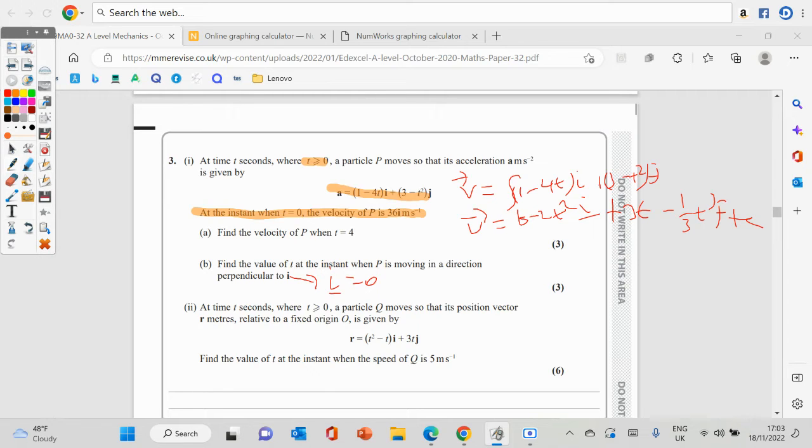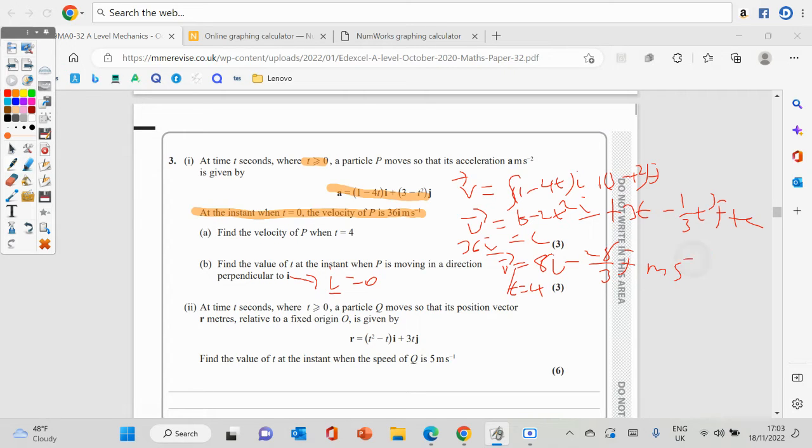Now, when t is 0, we get the velocity is 36i. So we get that 36 in the i is 0 plus c. So c must be 36i. So I can add that in here, so I get that the velocity vector evaluated when t is 4 is going to give you, I think, 8i minus 28 over 3 j.